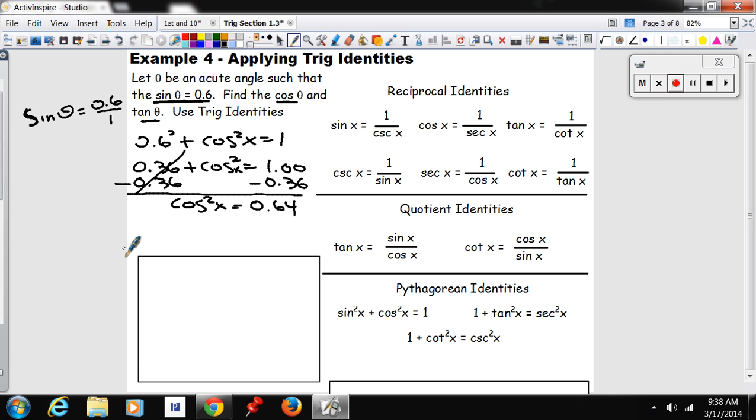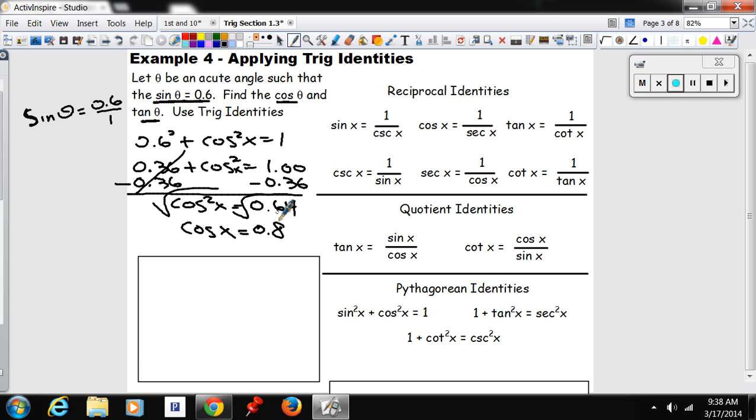But I don't want to know what cosine squared is. I just want cosine. How do I get rid of that little square? Square root it. So I'm going to square root both sides. So cosine of x is going to equal how much? 0.8. 0.8 is my cosine.